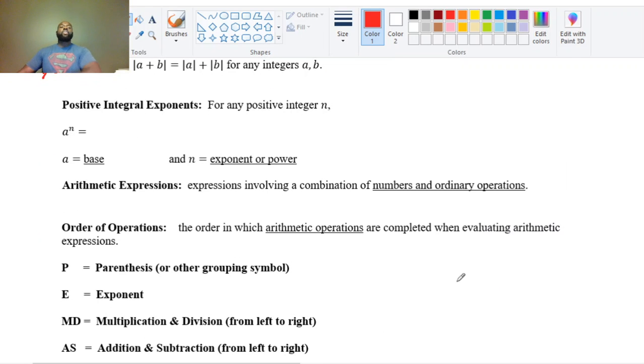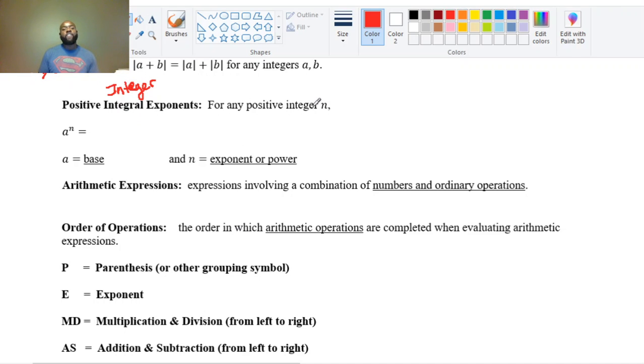All right. And so not only do we have properties of real numbers related to absolute value, the sets of numbers, and all of our properties, we're going to talk about positive integral exponents. Here, I'm talking about positive integer exponents.